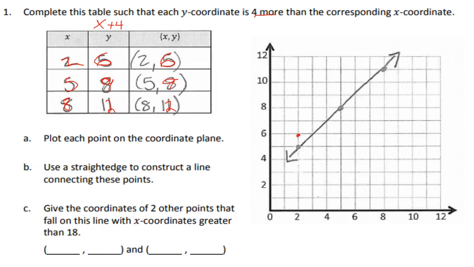Well, 2, 6 would have brought us right here. Okay. And 5, actually that's 5, 9, would have brought us right to here. And 8, 12 brought us right to here.